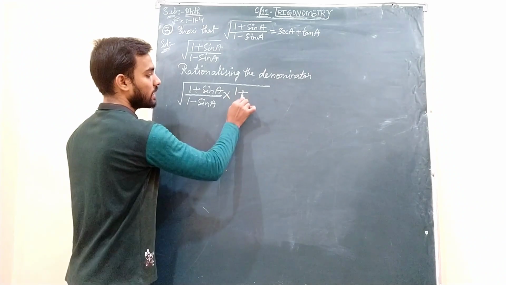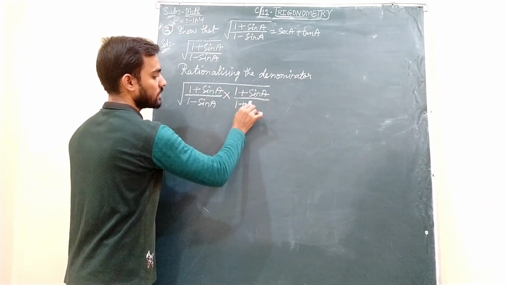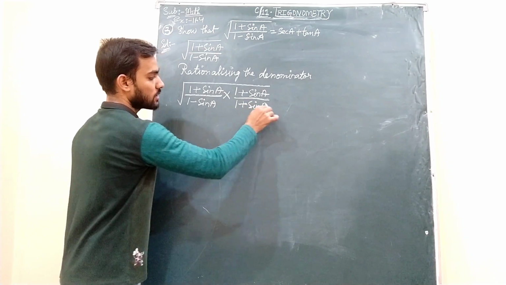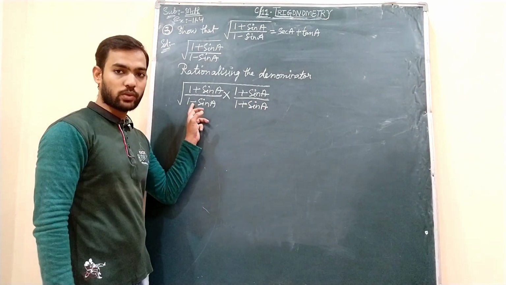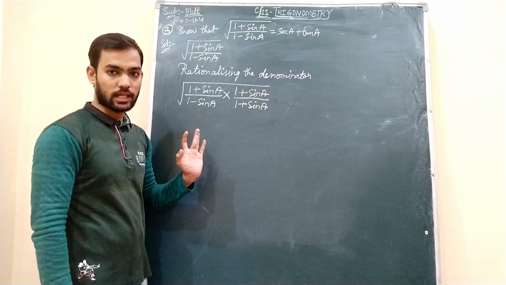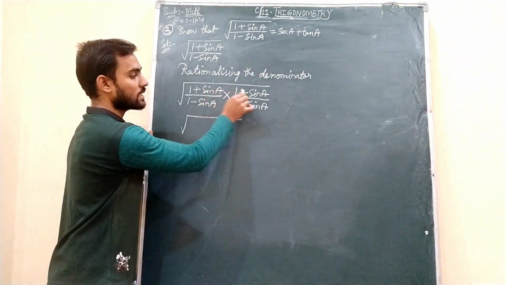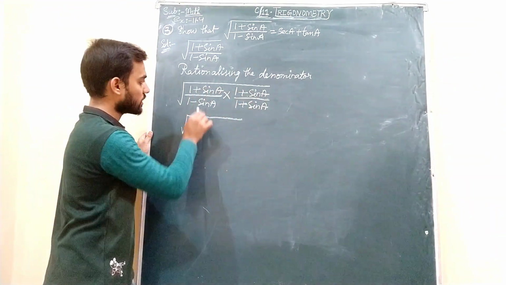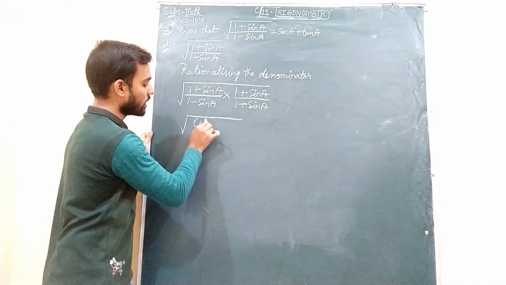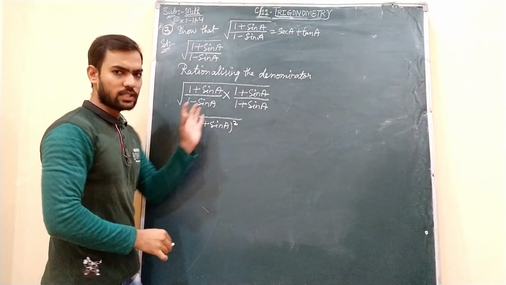So 1 plus sin A by 1 plus sin A. Suppose, students, if you had plus over here, you would have multiplied 1 minus sin A by 1 minus sin A. Understand? So now under root, these two are the same, 1 plus sin A, 1 plus sin A, so we can write this as 1 plus sin A whole square.